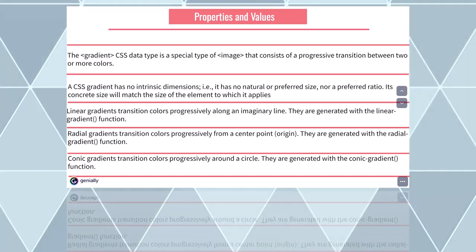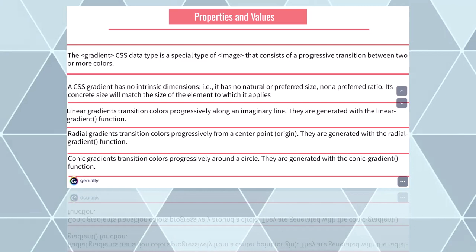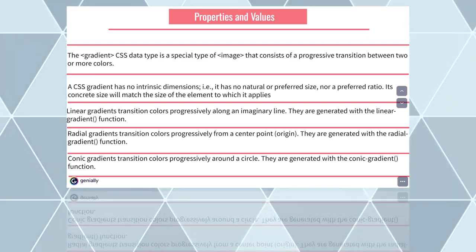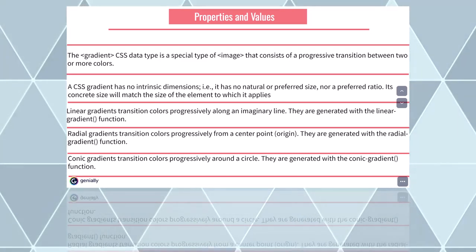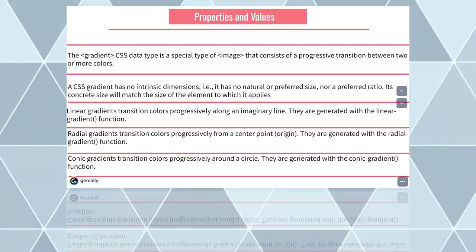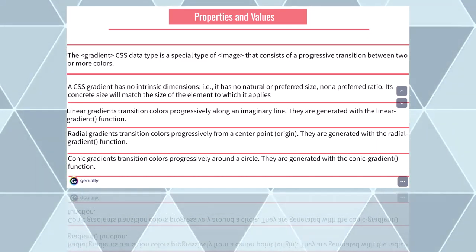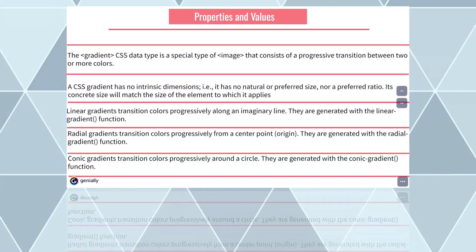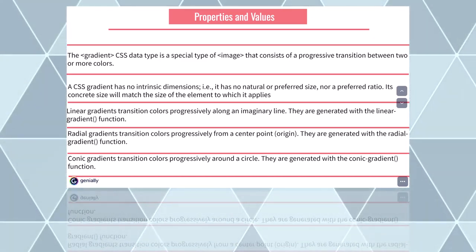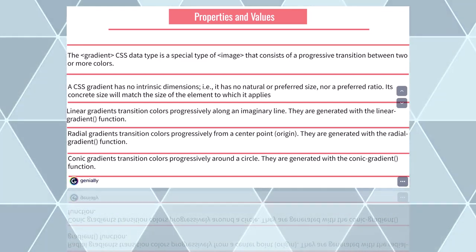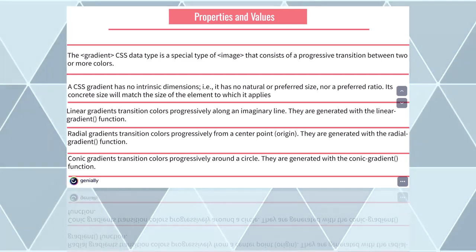So a gradient is a way of mixing two or more colors. Have you ever seen a website that has different colors? So a gradient is that. A gradient has different values as functions, right?